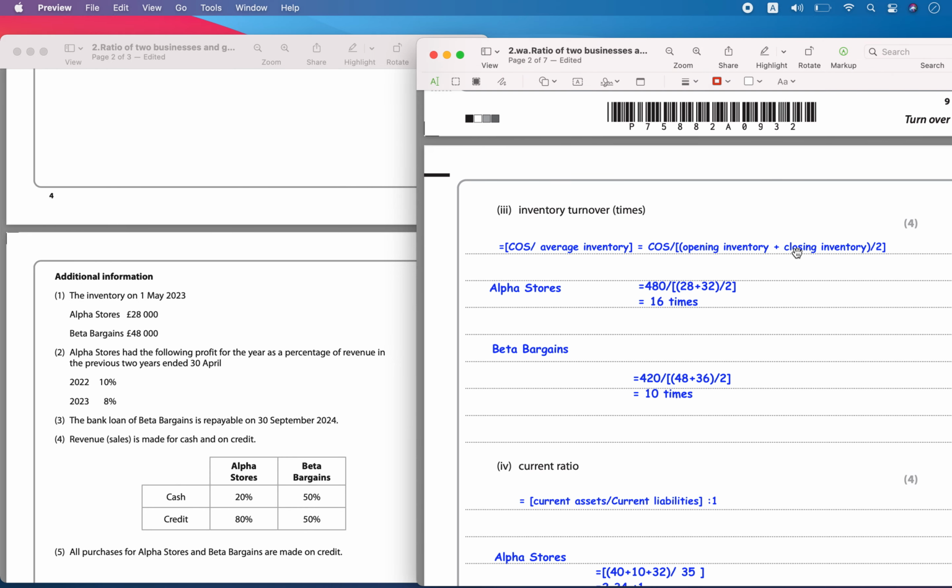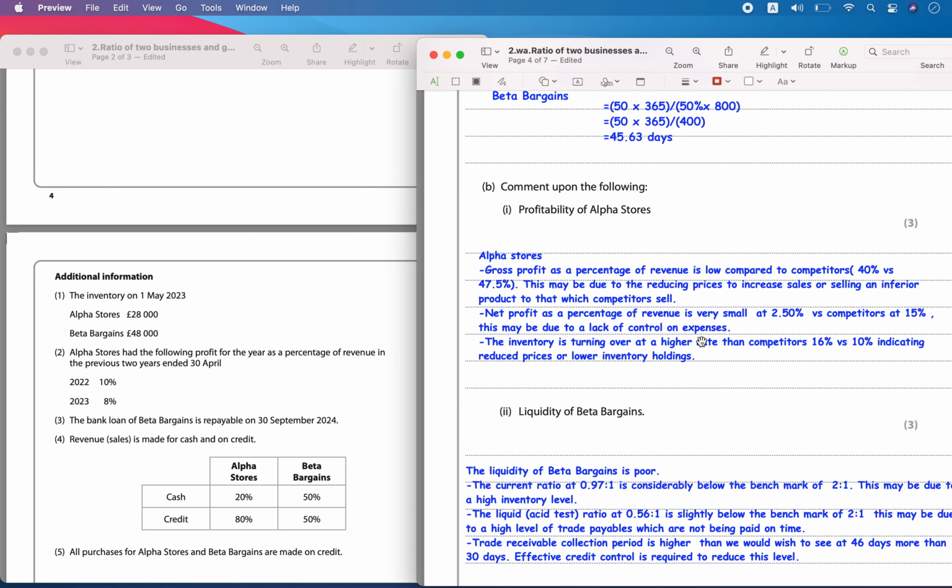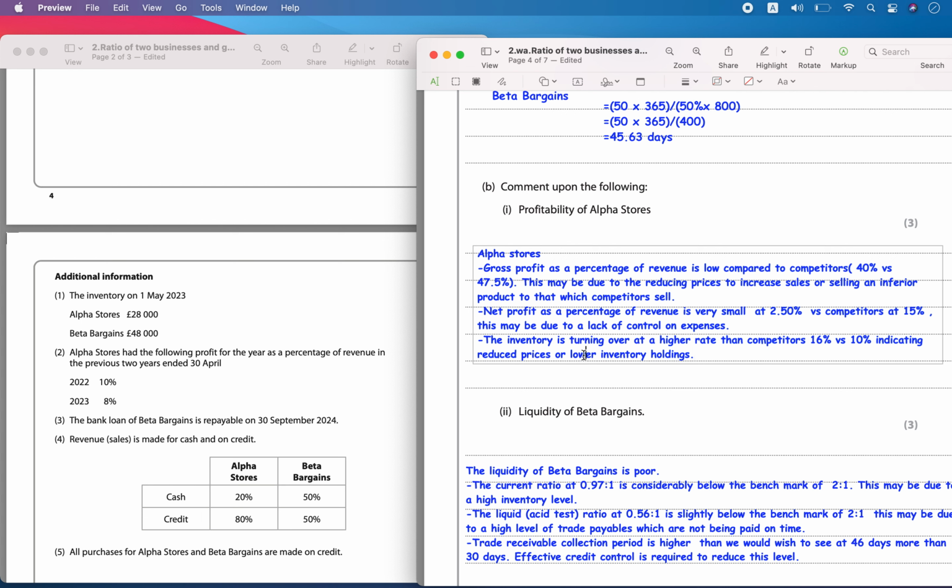You can say it from the formula, because at the bottom of the ratio there is closing inventory, and the ratio is high if closing inventory is low. So the inventory turnover for Alpha stores was 16, more than Beta at 10, indicating closing inventory must have been very low for Alpha.